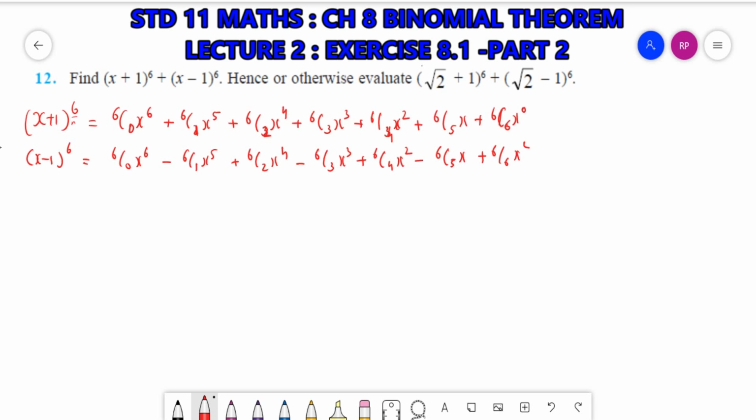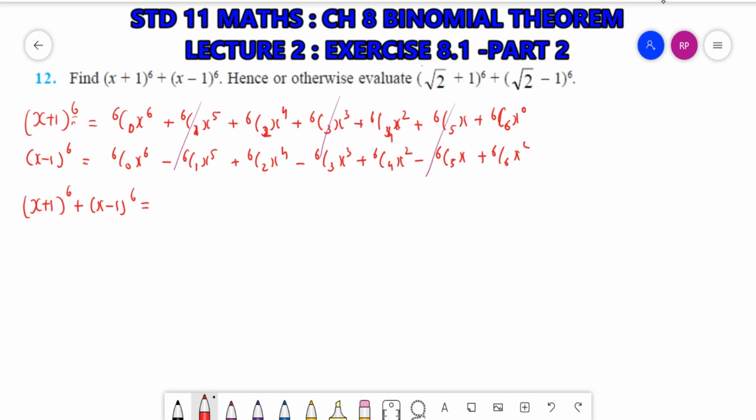Now when I find out x plus 1 raised to 6 minus x minus 1 raised to 6, sorry, here there is plus. So what will happen when we add these two? This will get cancelled, this will get cancelled, and this will get cancelled. So the other terms will be twice.